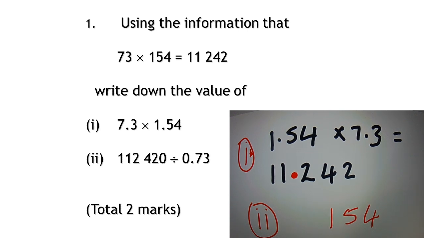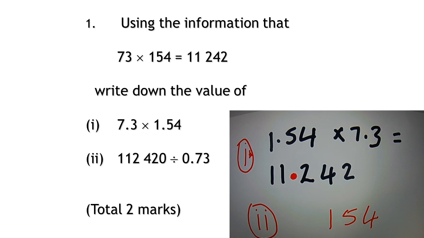And if you look here, you've got 112,420 divided by 0.73. If you look carefully, if I did divide the normal number 73 into 11,242, you would get 154.